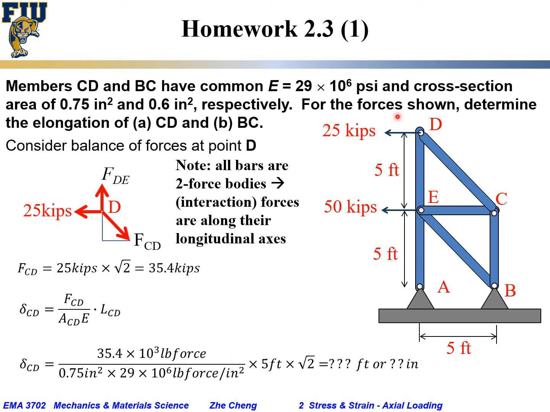For the applied forces shown, 25 kips, 25,000 pound of force to the left at D, and 50 kips, 50,000 pound of force horizontally at E, we want you to determine the elongation of rod CD and rod BC, the absolute change in length for CD and for BC.